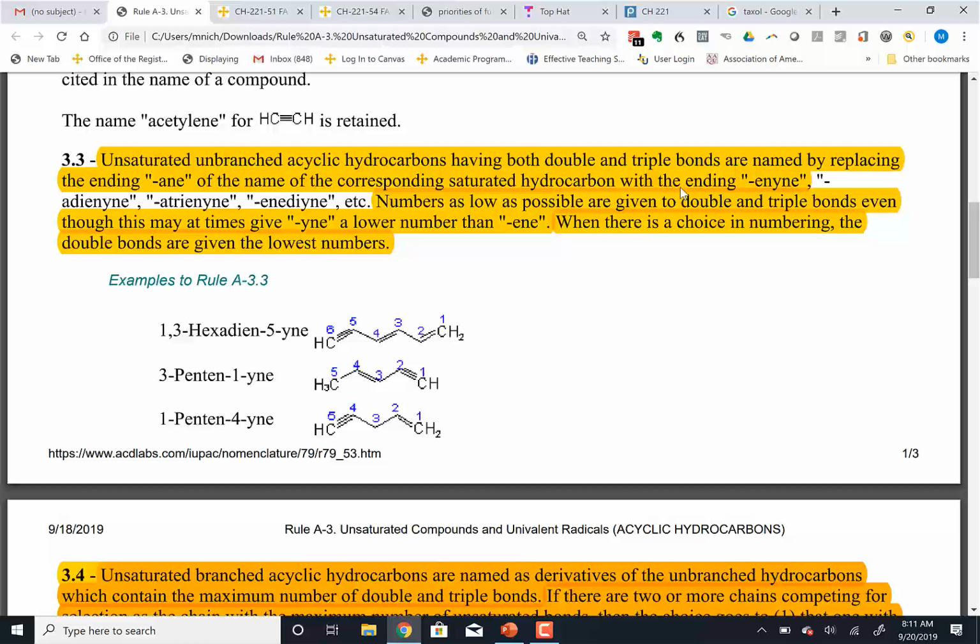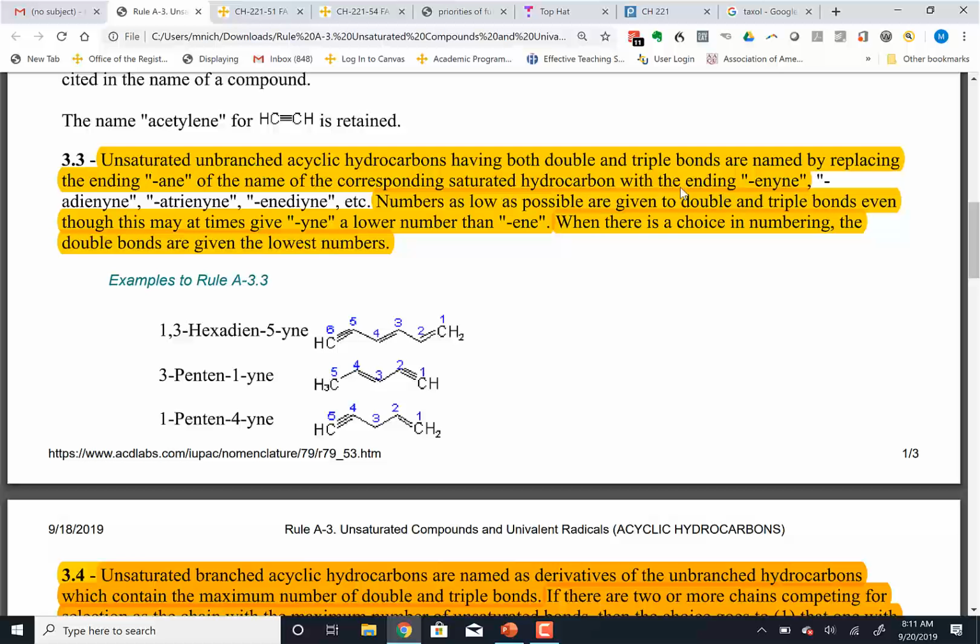So the example down here of the pent-3-en-1-yne, the triple bond is at the beginning of the chain, and so that's why they're giving the triple bond the lower number. Whereas what they should have done, well, they did that up here, right? They put in the hex-1,3-dien-5-yne.